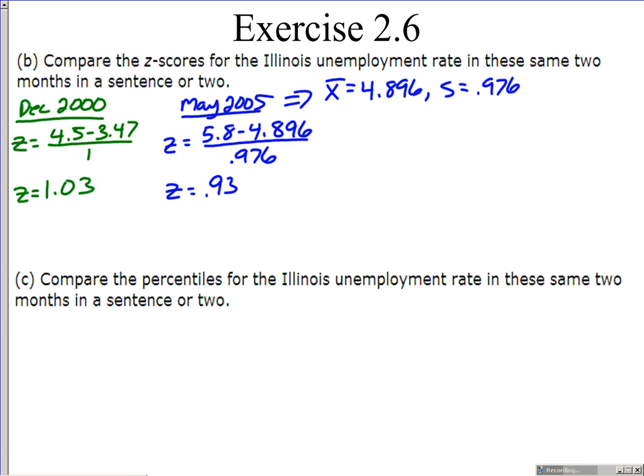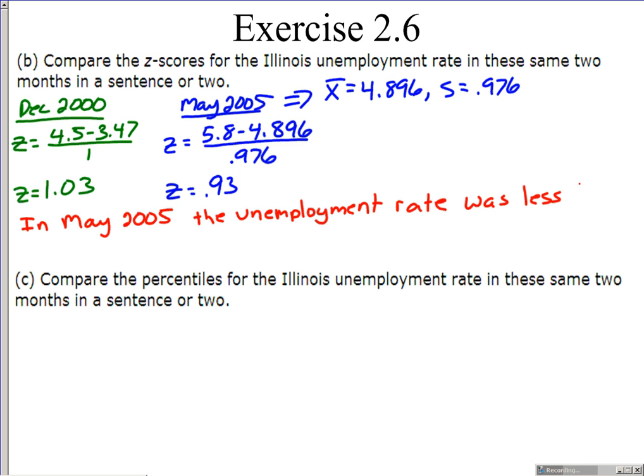Well, this would indicate to us that in May of 2005, the unemployment rate was less than December of 2000 compared with the national average.